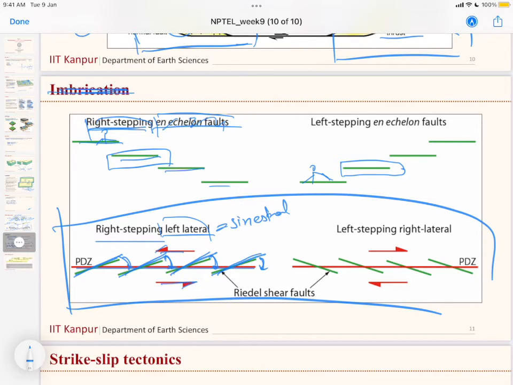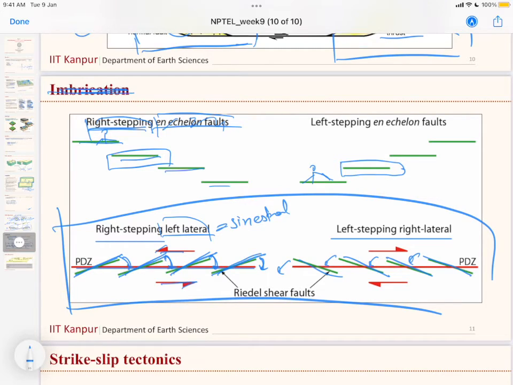Similarly, for the right lateral fault system, the radial shear fractures that we have discussed earlier will form like this. Okay. Now if you have to make them flat, you have to push them like this, in the left hand direction.